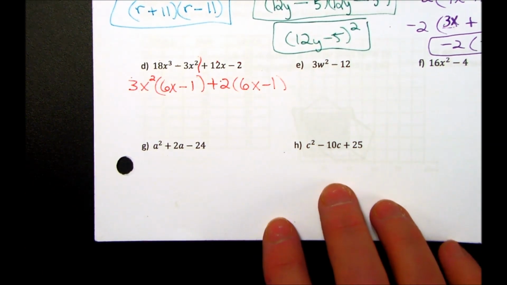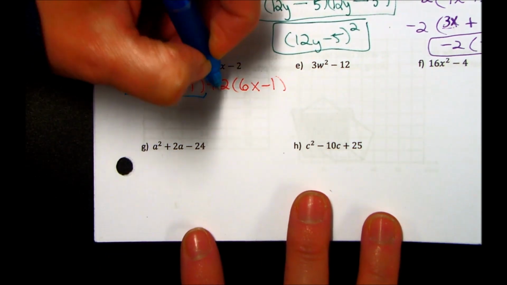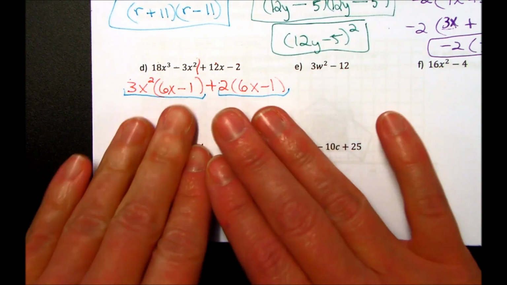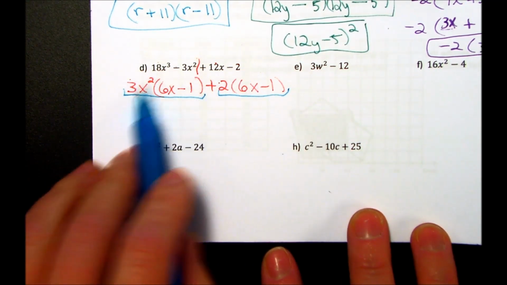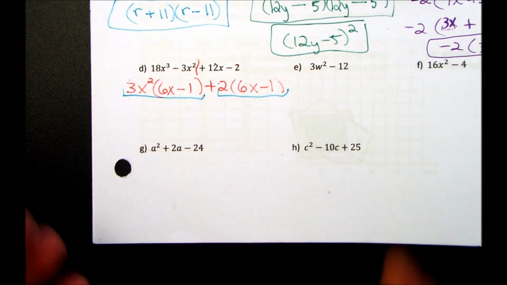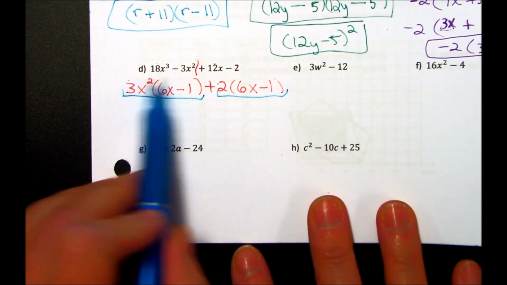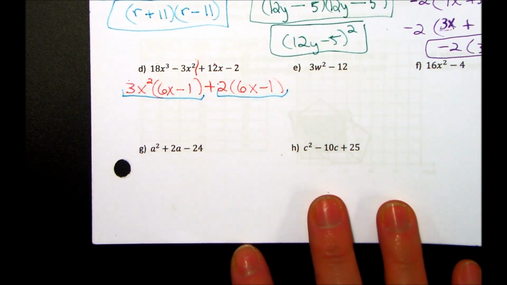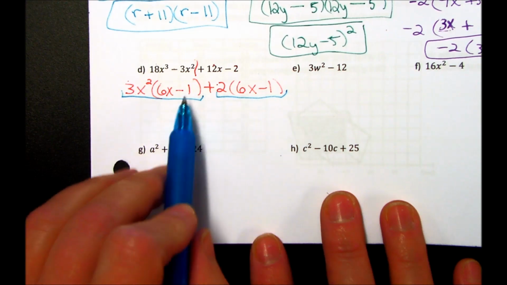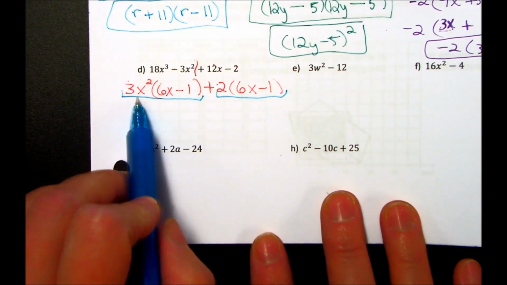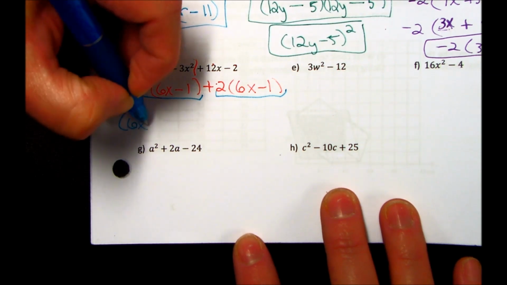Well, now is the hard part of factoring by grouping. Think of these 2 groups as terms. So if this is one group and this is another group, what do the 2 groups have in common? The 6x minus 1. So just like you factored out the 3x squared and the 2, we're going to factor out the 6x minus 1.